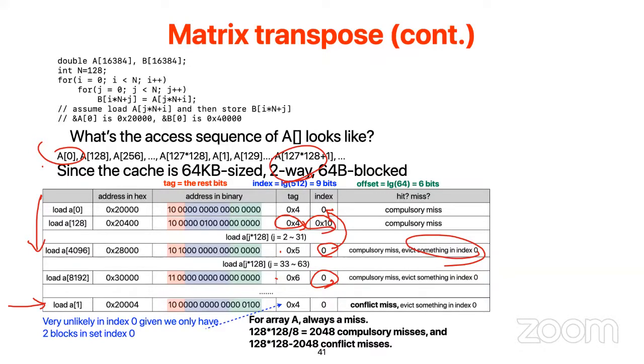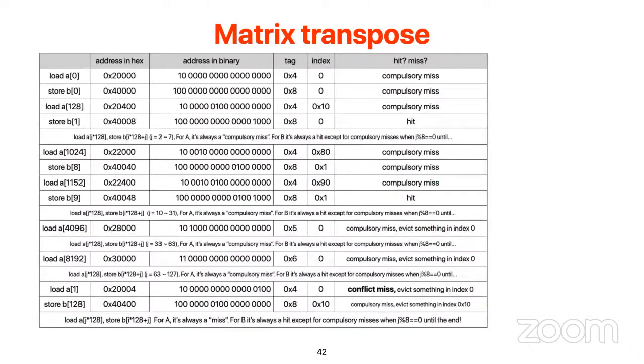However, for B, your access is very sequential. Even though you are sharing the index with A, because B is updated frequently, according to the least recently used policy, it will always be kept in the cache. So B will never miss due to conflict.